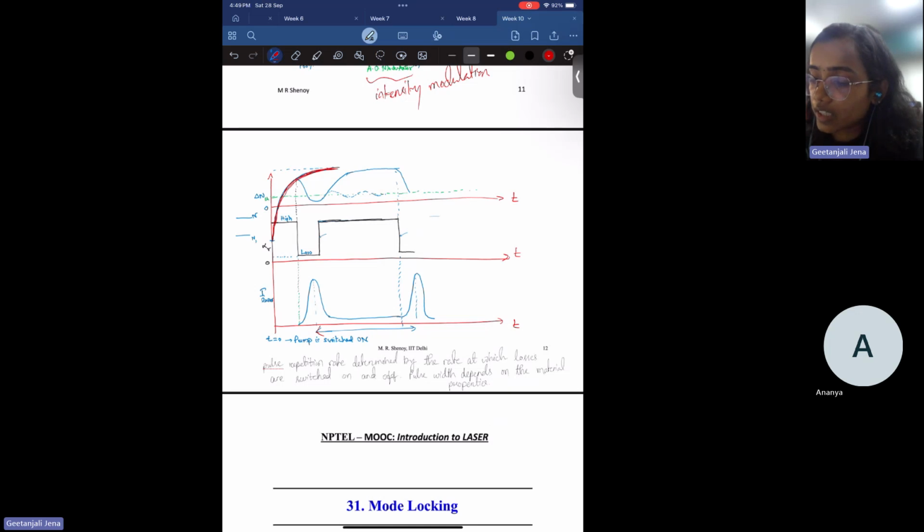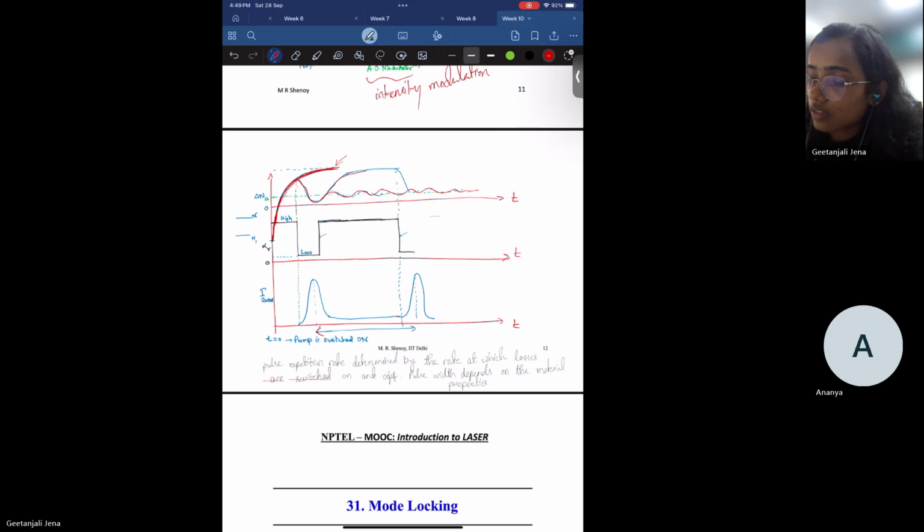In absence of feedback, it will achieve a steady state population. But when you have feedback, the population inversion will gradually increase. Then you will see a variation here. Then it will gradually achieve a steady state population. This we have already seen in our previous live session.